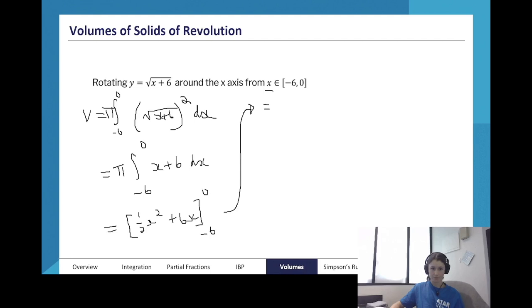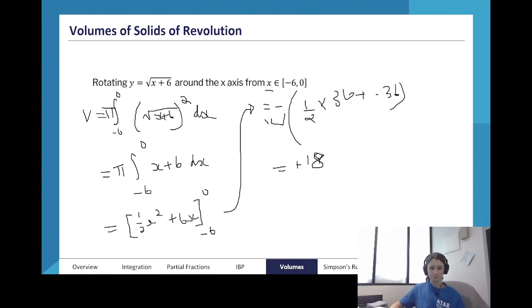So this is, of course, going to be equal to the negative of a half times 36 plus negative 36, which is going to be equal to a half of 36, which is going to be 18, negative 18, I believe, positive 18, sorry, because we had this negative out here.